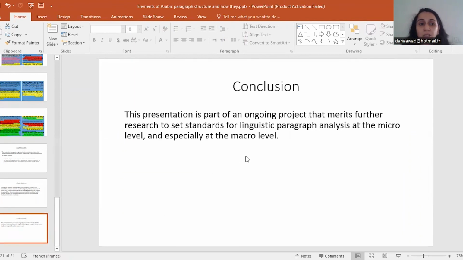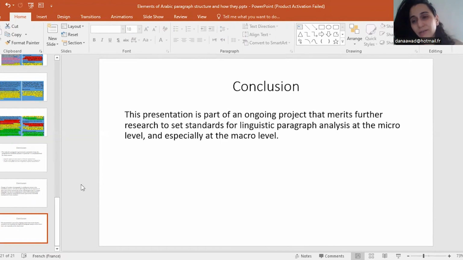So this presentation, or what I presented to you today, is part of an ongoing project that merits further research to set standards for linguistic paragraph analysis at the micro level, and especially at the macro level, which is more difficult because at the micro level we can integrate the rules of sentence analysis to the rules of intersentential analysis in a paragraph.